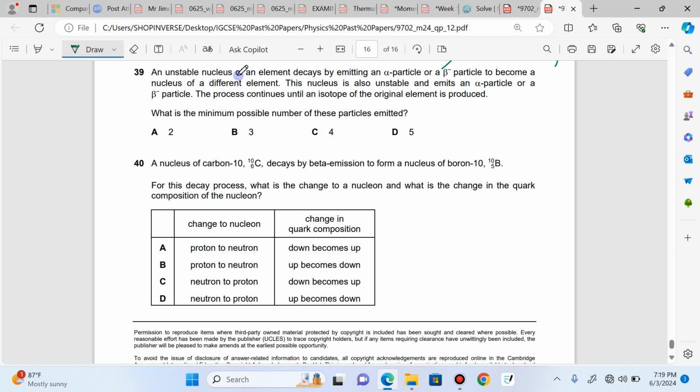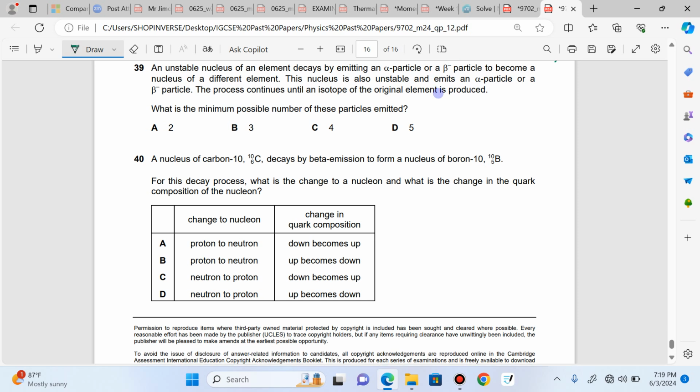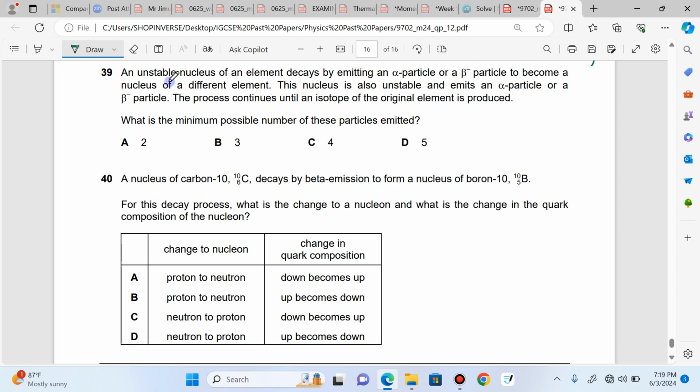An unstable nucleus of an element decays by emitting alpha or beta particles to become a nucleus of a different element. This nucleus is also unstable and emits an alpha particle or a beta particle.